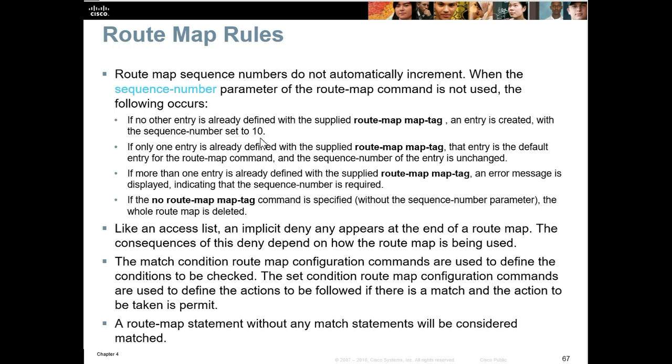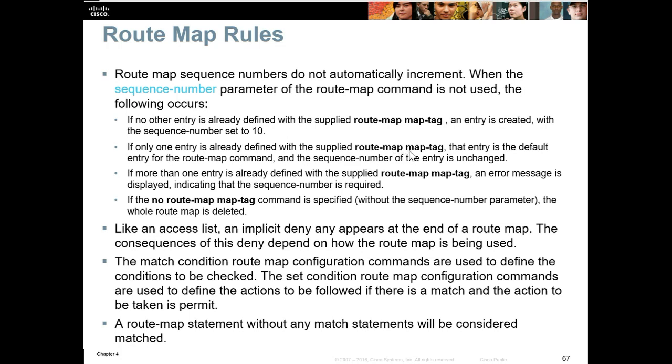And then if only one entry is already defined with the supplied route map tag, that entry is the default entry for the route map command, and the sequence number of the entry is unchanged. So kita refer kalau kita tak letak sequence number and dah ada orang define ataupun dah ada definition route map Haga contohnya.